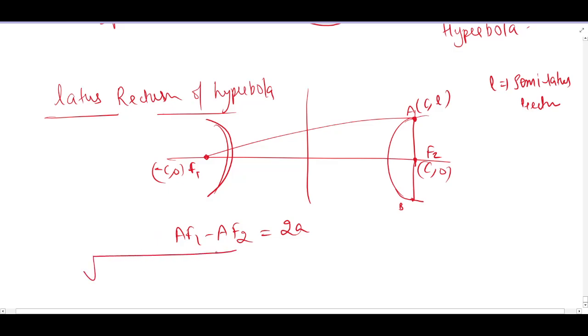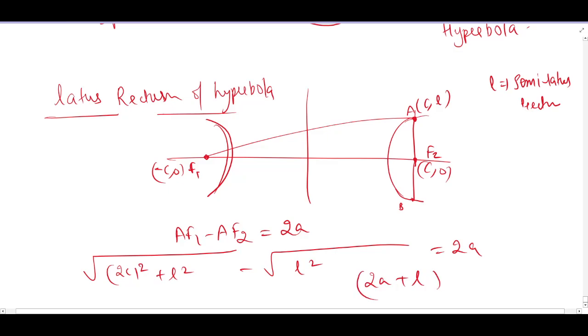So by distance formula, root of 4C square plus L square minus L is equal to 2A. So 2A plus L whole square is equal to 4C square plus L square.